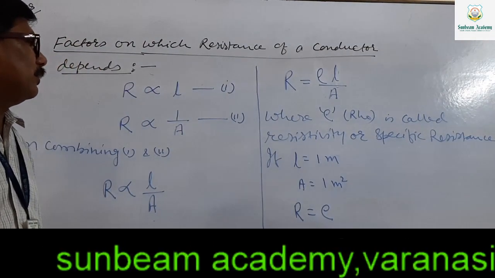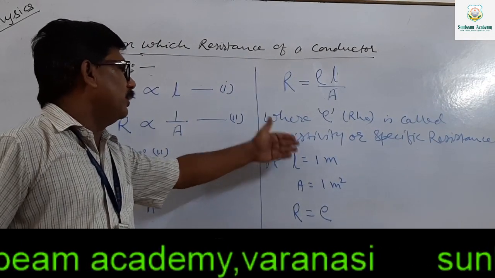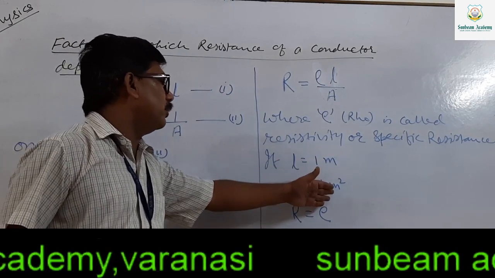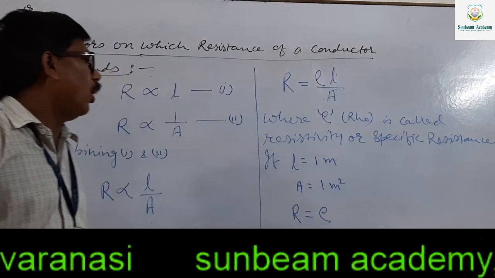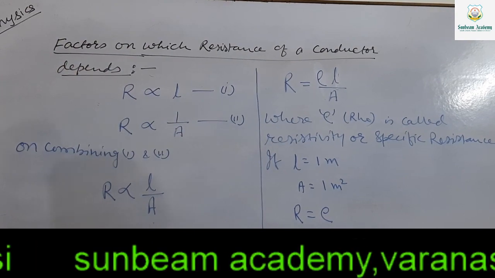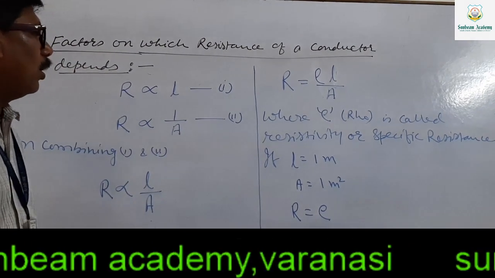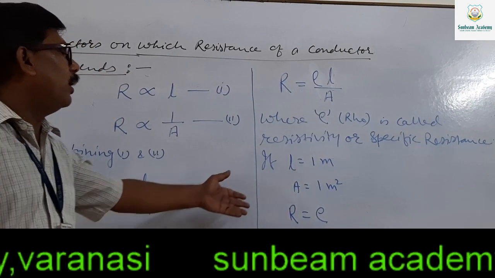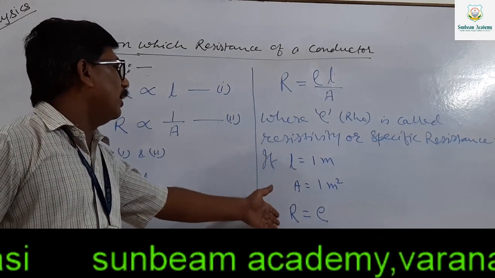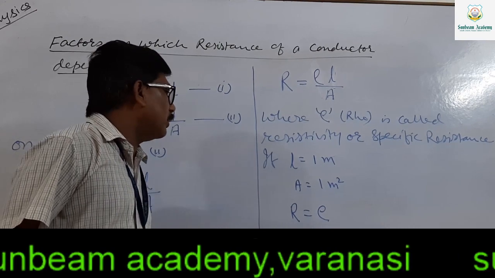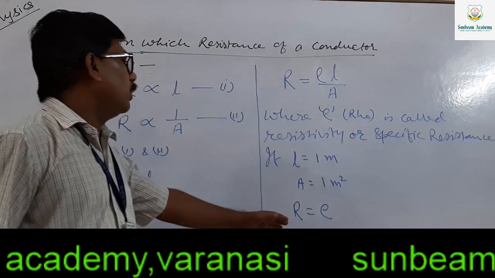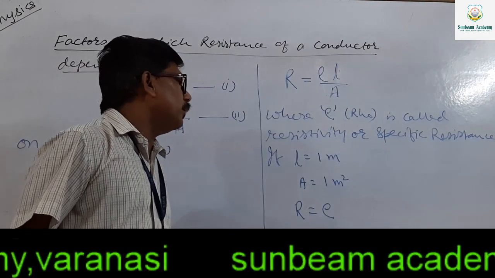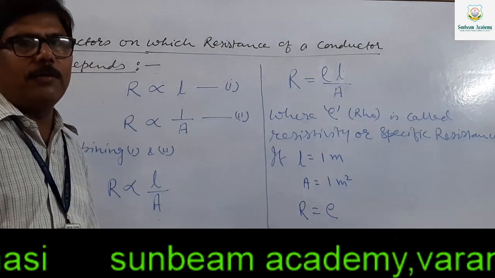Resistance of the conductor per unit length per unit area, or you can say that specific resistance of a conductor is defined as the resistance of a conductor having per unit length per unit area.